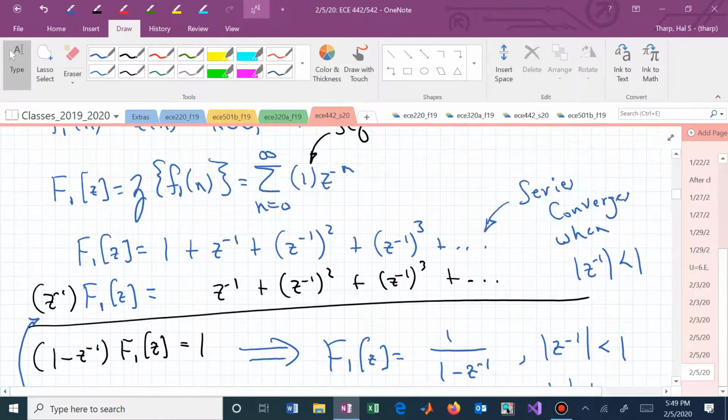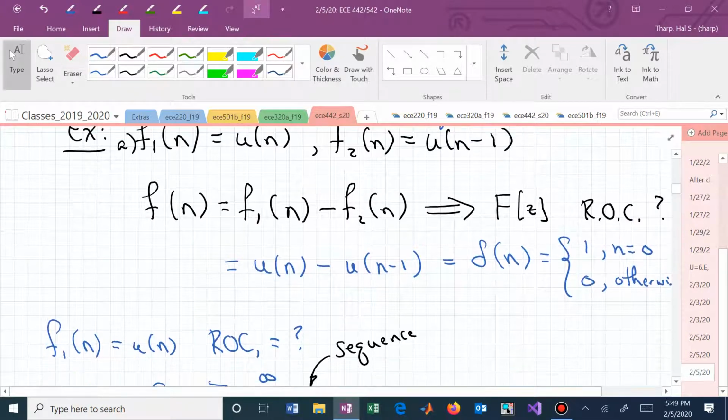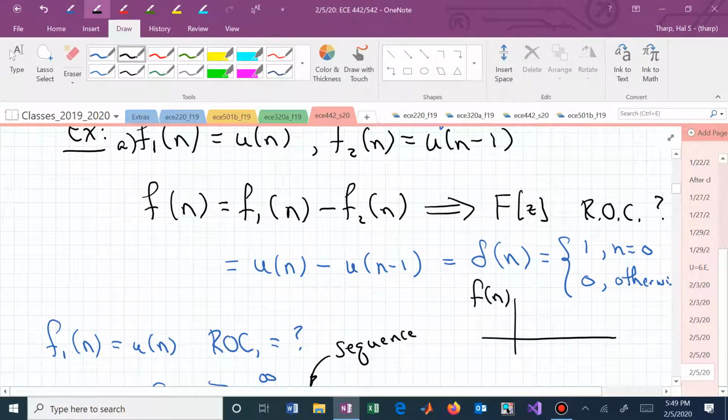The only term left in this combination, this particular f of n, if we drew it, ends up only having one non-zero term, and that non-zero term is at n equal to 0, because we're combining those two sequences and they look the same from n equal 1 and beyond, all the way to infinity.